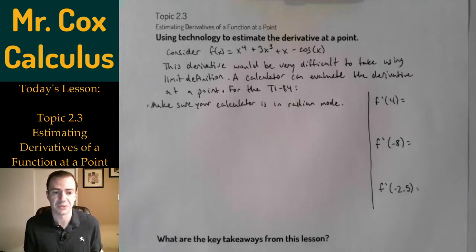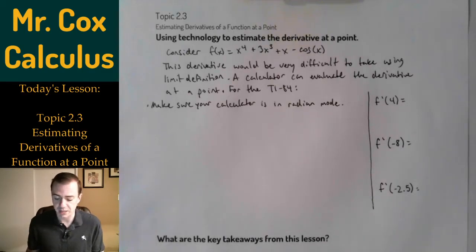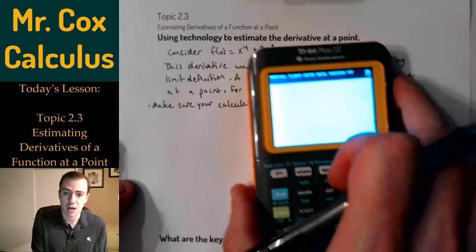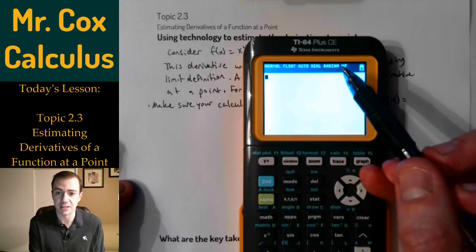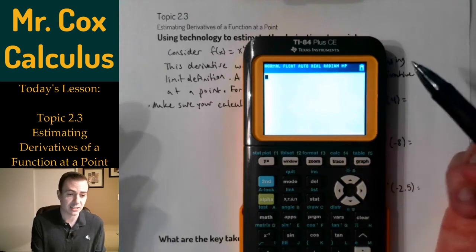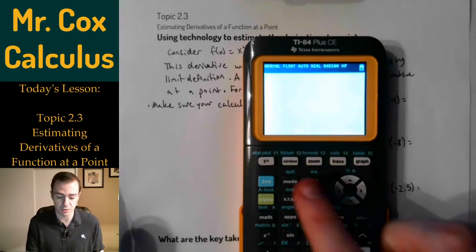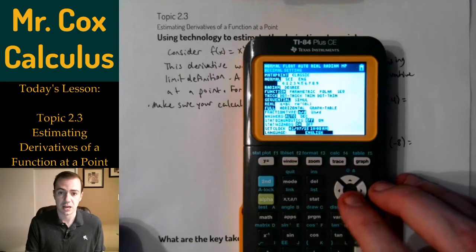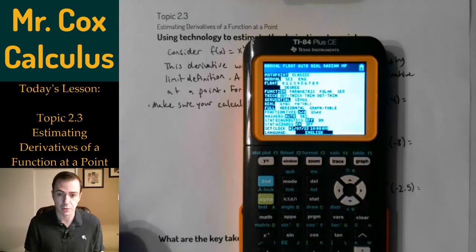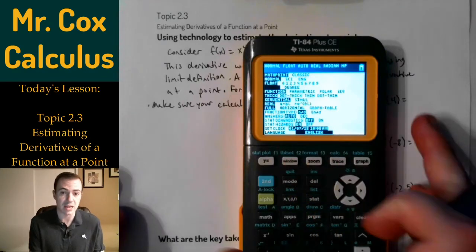I know physics uses degrees, but we use radians. On the TI-84, you'll be able to see right at the very top that it says it's in radian mode. If that says degree, you need to change it. You can do that by pressing mode, and then you have the options down here to toggle between radian and degree, but you want to make sure that it's in radian mode.